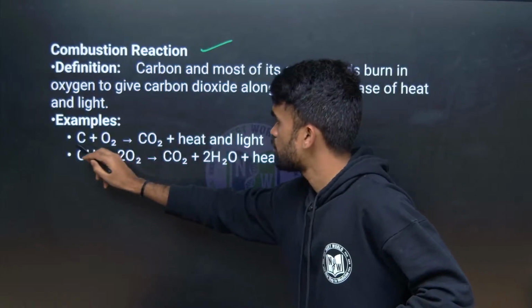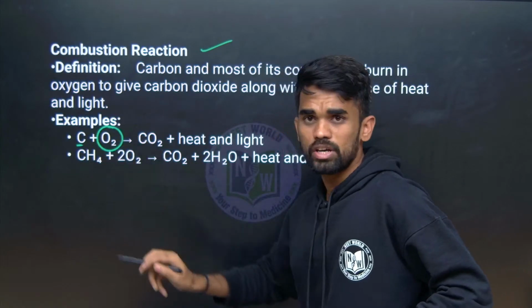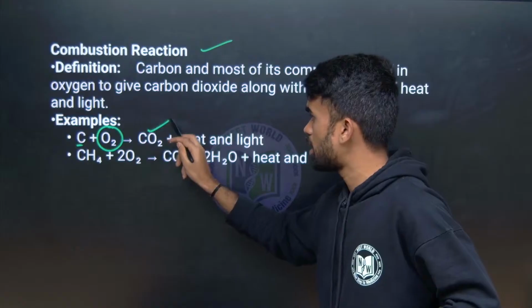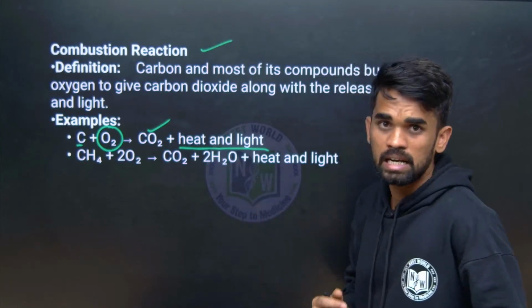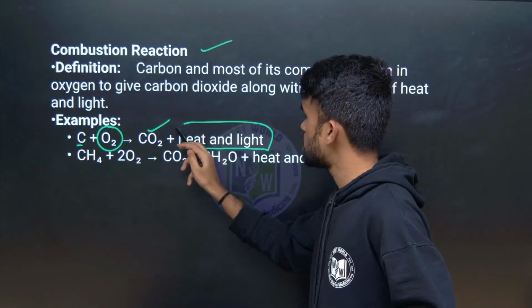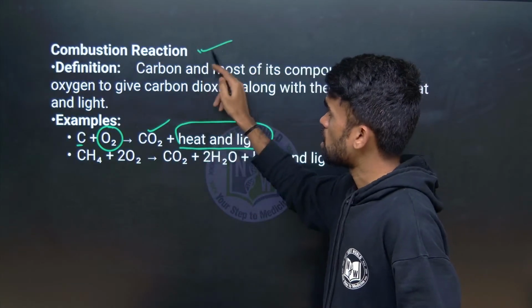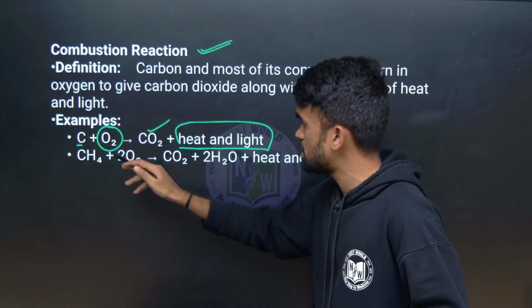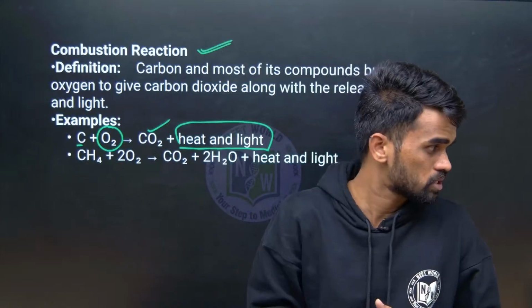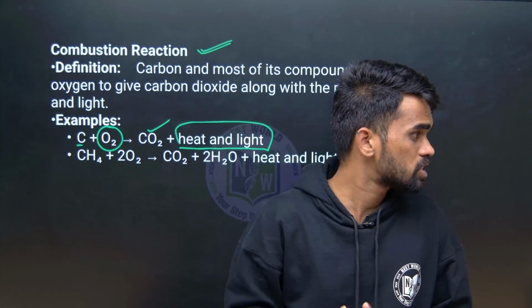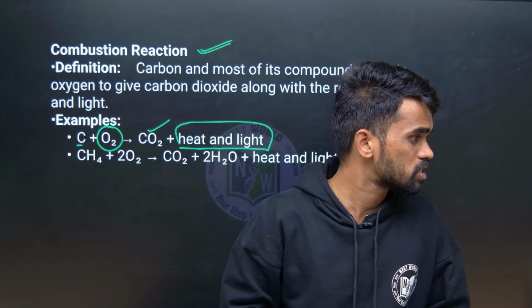See, carbon undergoing combustion with oxygen forms carbon dioxide, and along with that heat is released. So this heat is used as a fuel. So this process is the combustion process, and we can also call this an oxidation process. Why am I saying oxidation process?